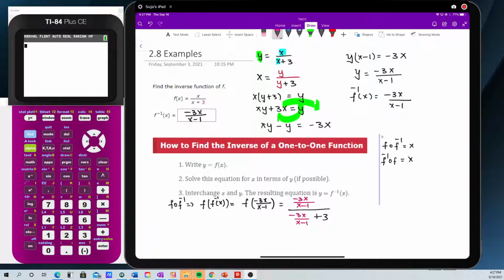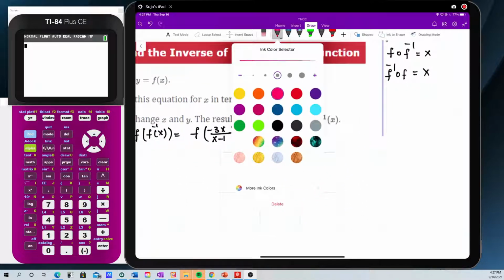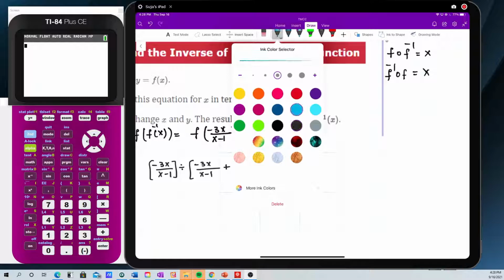Again, in order to do this problem, I'm going to write it horizontally to save some space. So negative 3x over x minus 1 divided by, that's what the meaning is, negative 3x over x minus 1 plus 3.